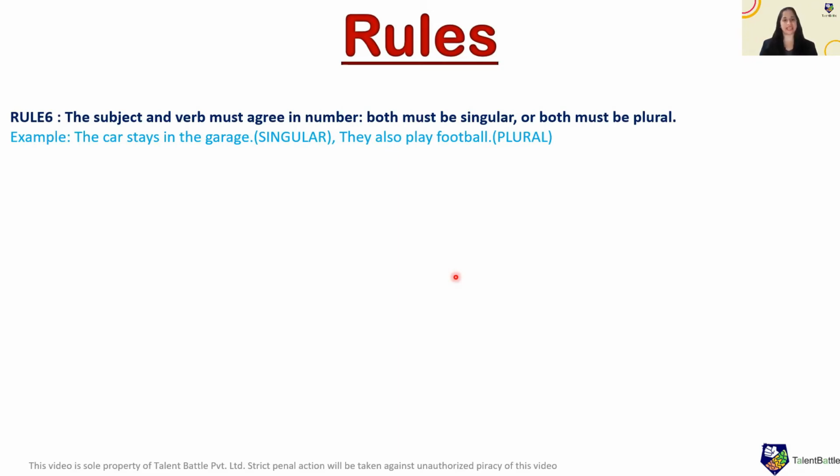The car was in the garage. It will not be the car were in the garage, because car is singular, so the verb will also be singular. They did not play football, or in the continuous tense, they were not playing football. Here we're talking about 3-4 people, and hence we say they.